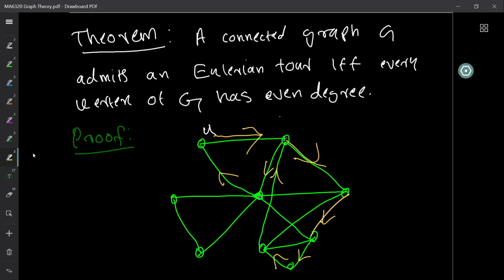each of the subgraphs that you get, and there could be several connected subgraphs, are going to have even degree.